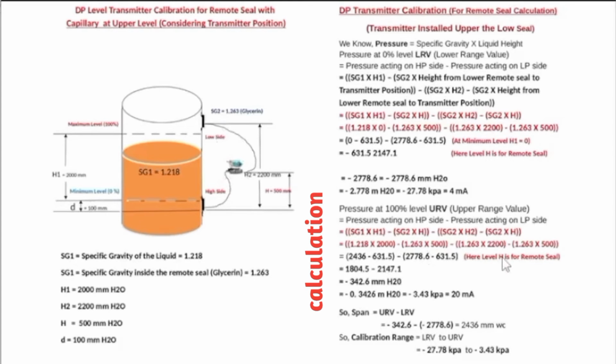At that stage, the pressure will be 1.263 into this height, that means 2200, and this transmitter is above by 500 millimeter, and the result will be minus 342.6 millimeter water column, that means minus 3.43 kPa, and the span will be the same, 2436 millimeter water column.